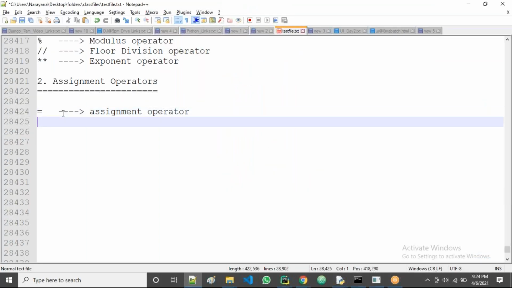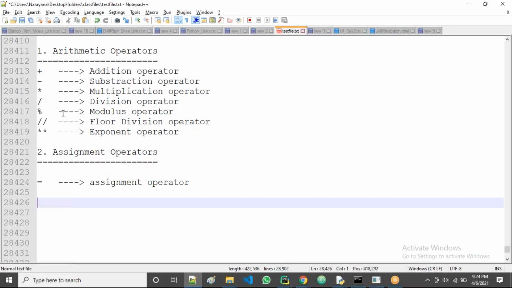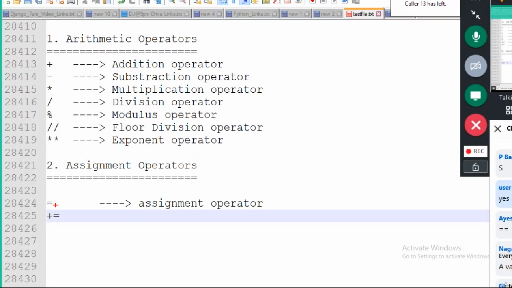Now observe, guys. Here I'm taking plus equal also. Plus equal, guys. It means we can use the equal operator again with all arithmetic operators.